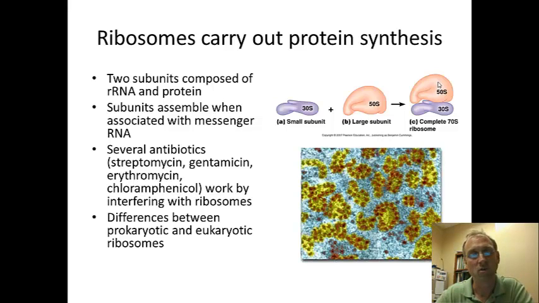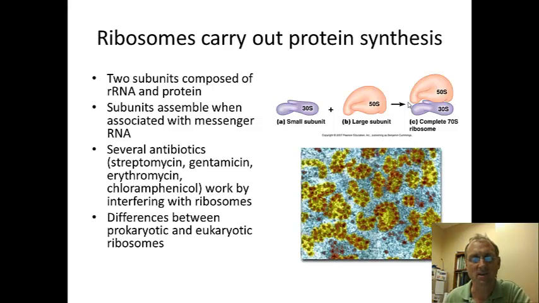There's a number of antibiotics which are of very good use currently. You may recognize some of these names like streptomycin or erythromycin. These antibiotics interfere with the ability of the ribosome to carry out protein synthesis. You would think, since all cells, bacteria and humans, have ribosomes, that this might have very bad effects on the human body.